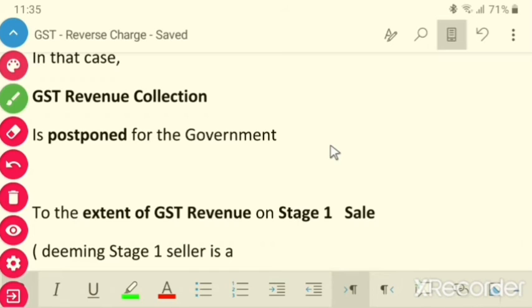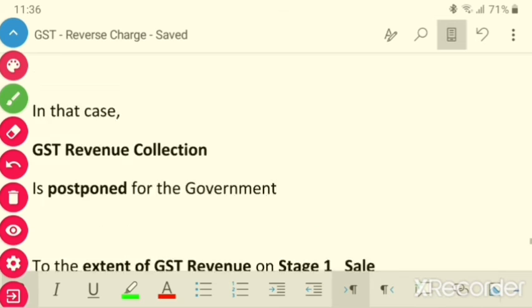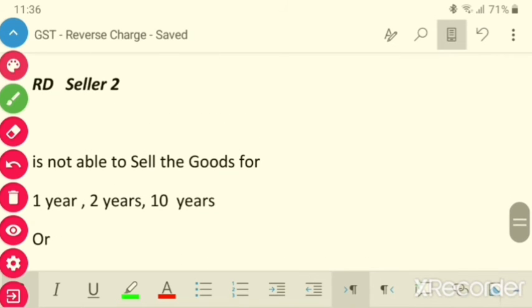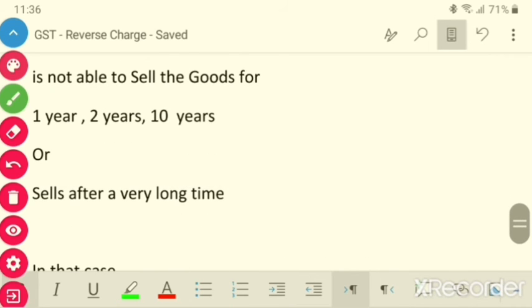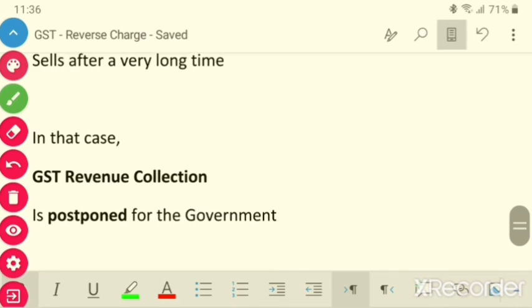See, whether there is RC or FC, government is getting 45. But the point is, by levying reverse charge, wherever there are cases of postponement of GST collection, that will be taken care of.